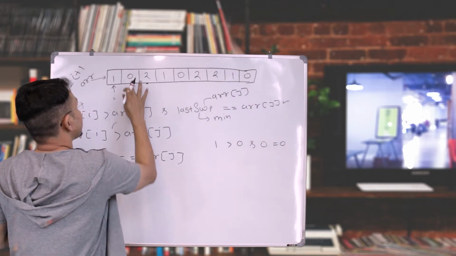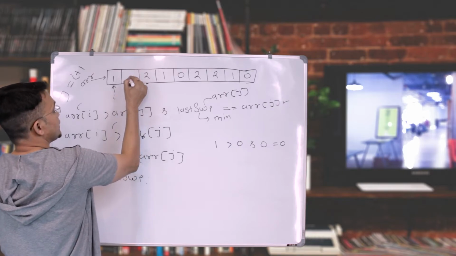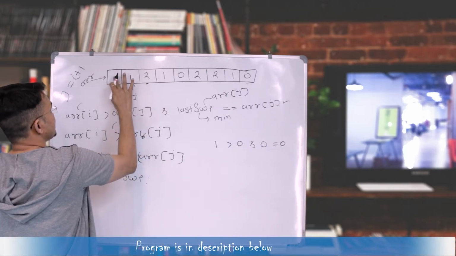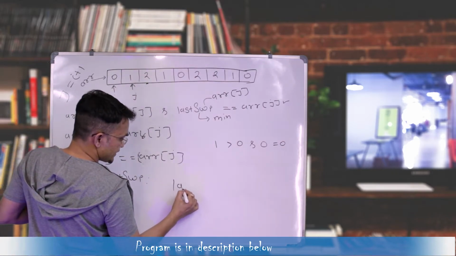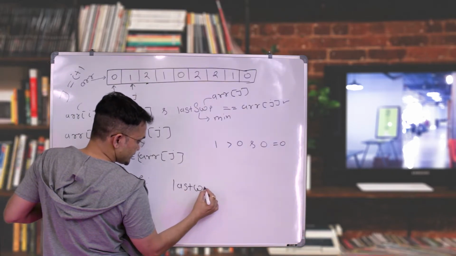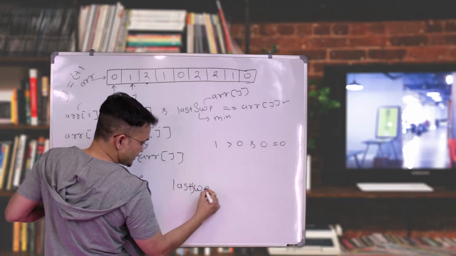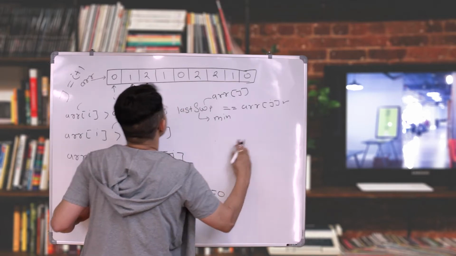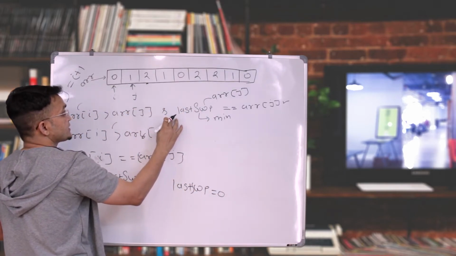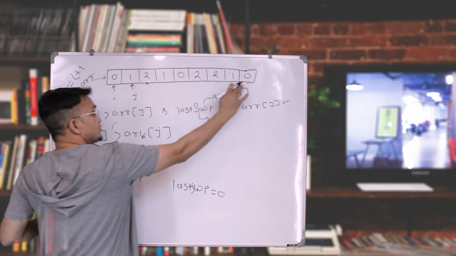So what exactly happens over here? This will become 1 and this will become 0. Okay, and let me update my last swapped value to 0. Now since this condition is satisfied, j won't move further.